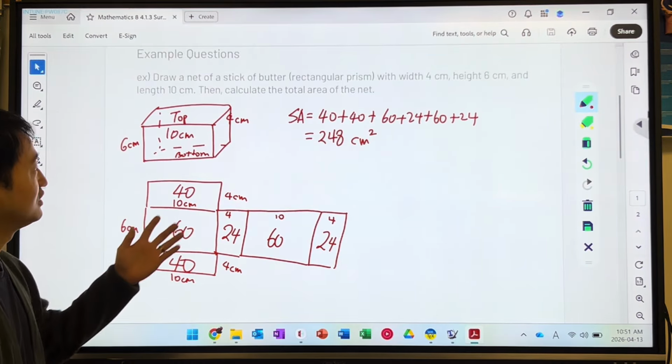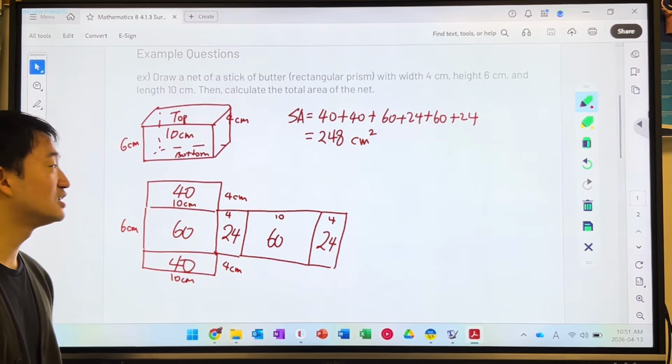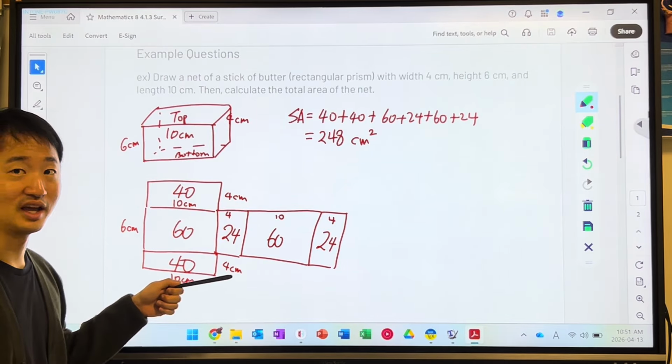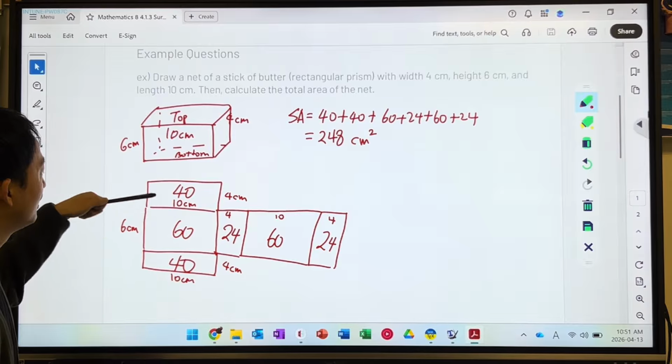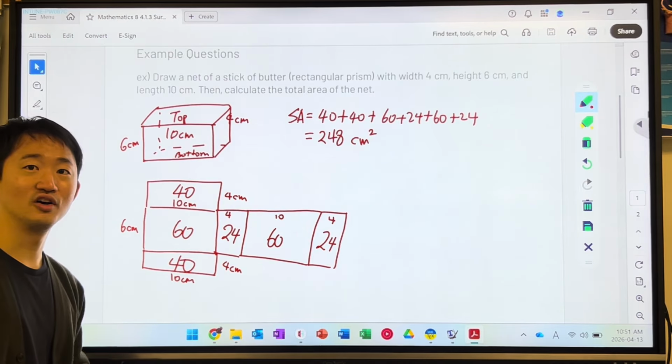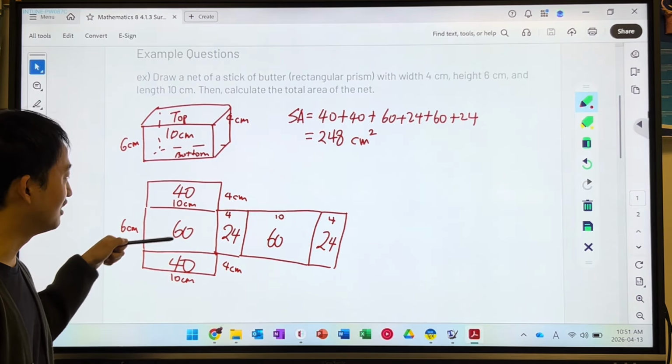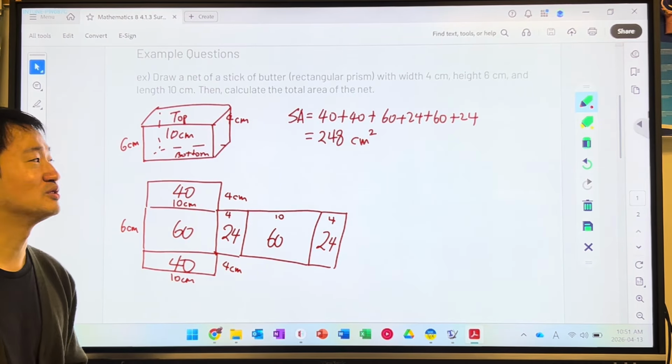So you notice how simple the calculation is if you know how to draw the proper net. Once again, we start by identifying the top and bottom, and we draw them. And then we draw all the sides, and we find the area of each face, and then we add them together.